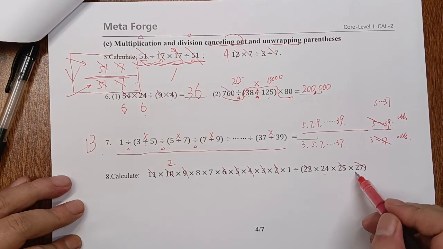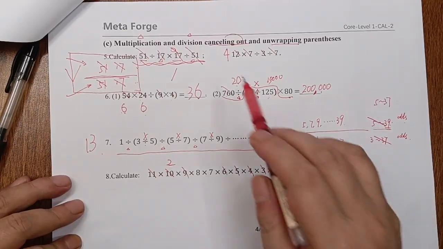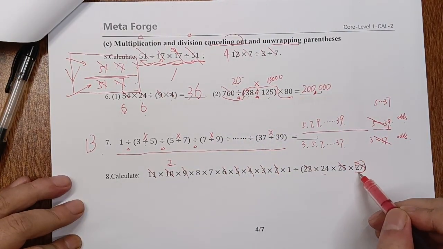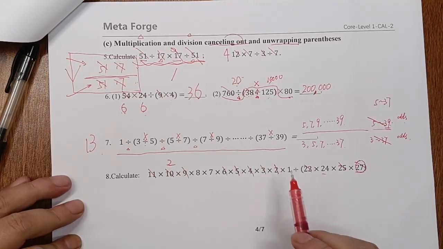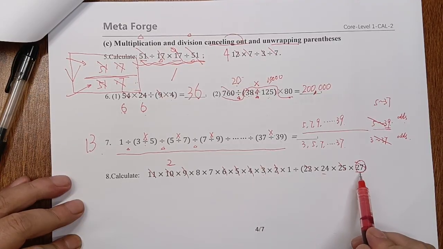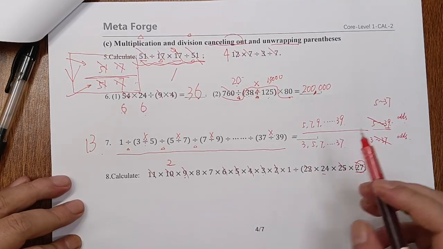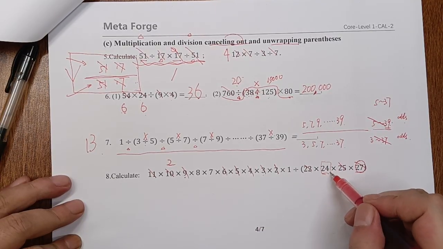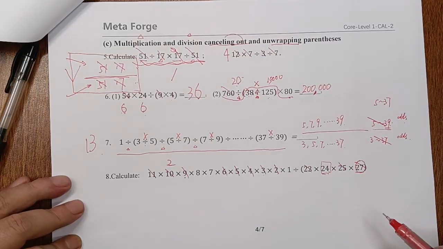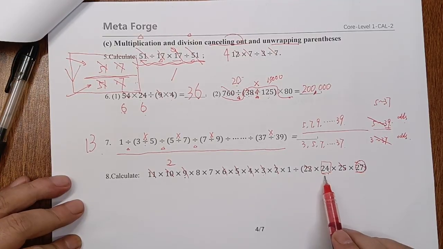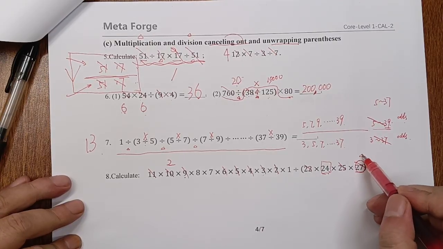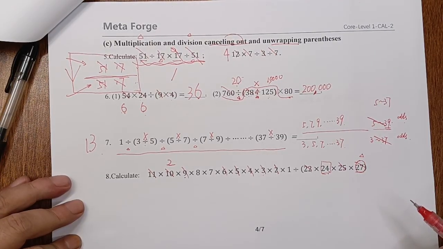Actually, I cancel out 27 first because the only way to form 27 is 3 and 9. I leave this number for last, because a lot of ways can form 24. So I do the only-way numbers first, separating the number by division.